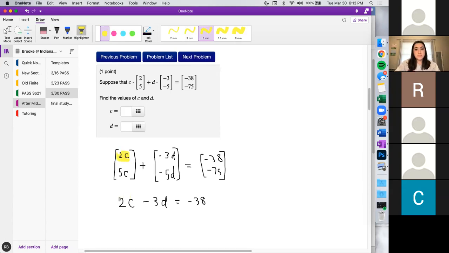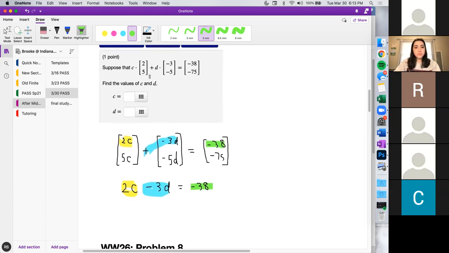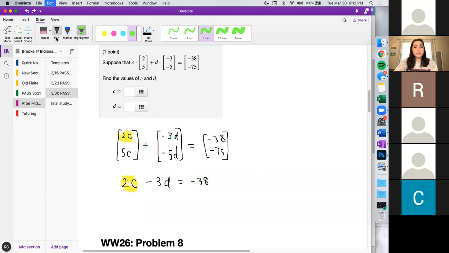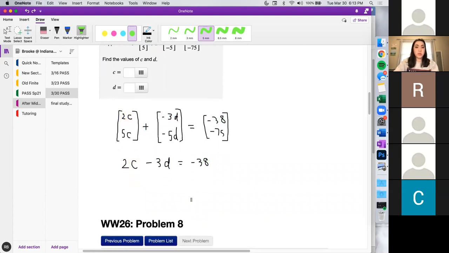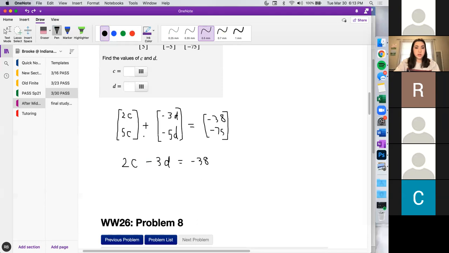I'm taking this number plus that number to get the sum. So essentially we now have an equation that looks really familiar. Let's do it again for the next one. I'm going to take 5C plus a negative 5D, or just minus 5D, equals negative 75.